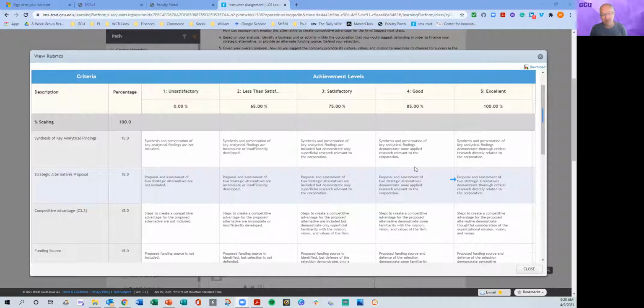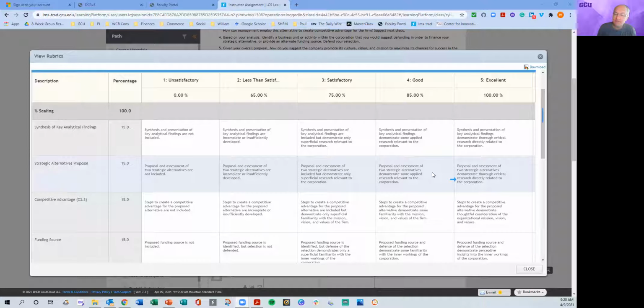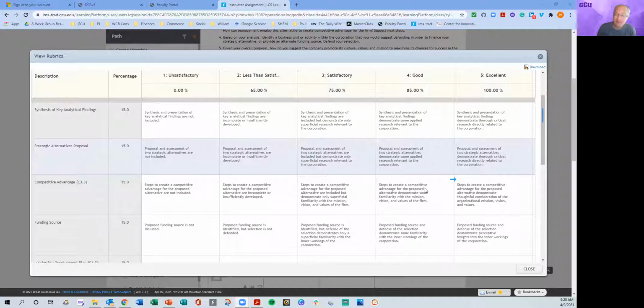If you only give me one, you're not going to get very many points for this section. You can read through the different areas and you can see how it's going to grade you down. Give me 2 strategic alternatives. Explain them. Don't just label them, but also explain them.